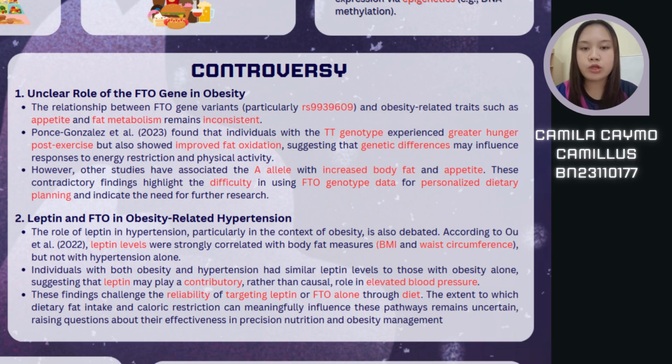Their findings show that people with both obesity and hypertension had leptin levels similar to those who were just obese, which suggests leptin may not be the main cause of hypertension. This challenges the idea of targeting leptin or FTO alone through diet and raises doubts about how much dietary fat intake or calorie restriction can actually influence this pathway in managing obesity or blood pressure.